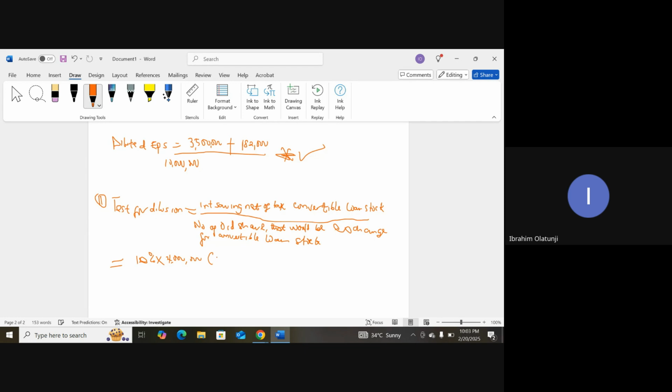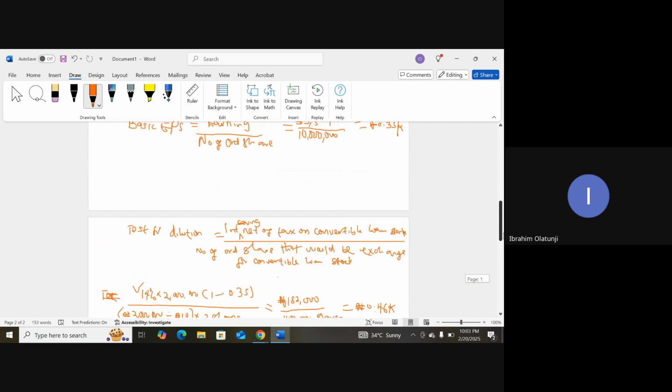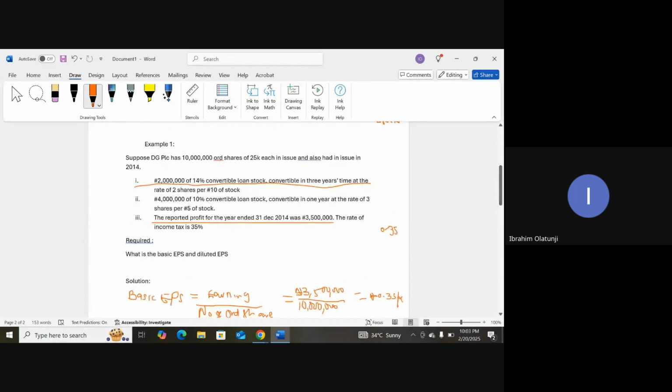You say open bracket 1 minus tax, which is 0.35. You close it all over the number of shares that you can exchange for that convertible loan stock. It means that 4 million naira, and they say it is 3 shares per 5 naira of stock.